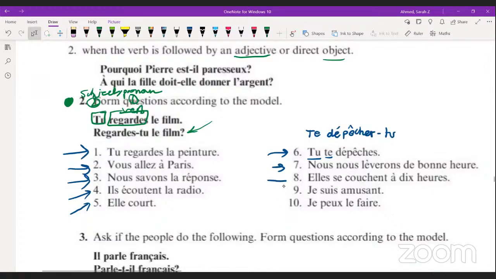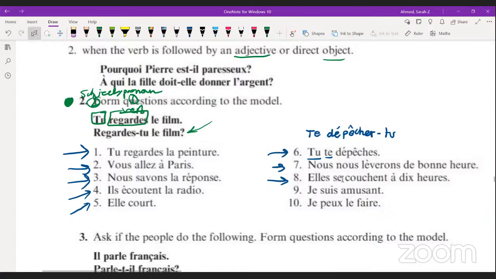Good. Okay, number 8. Ils se couchent à 10 heures. Very good. And now the question version. Close.